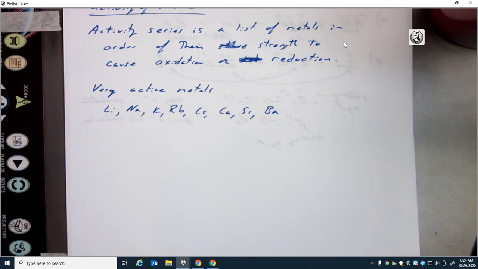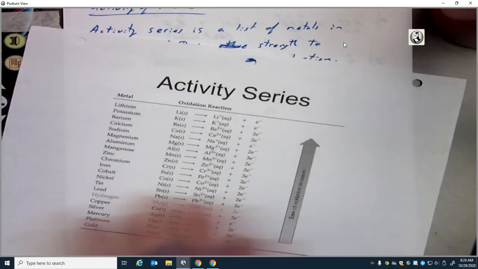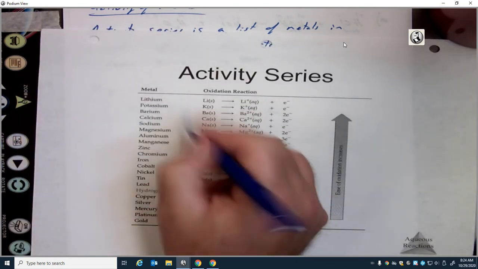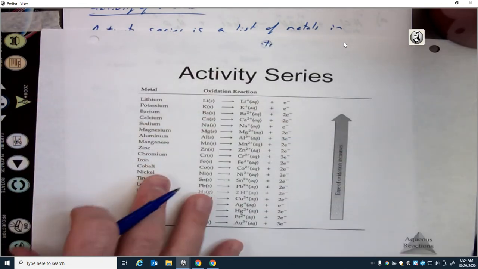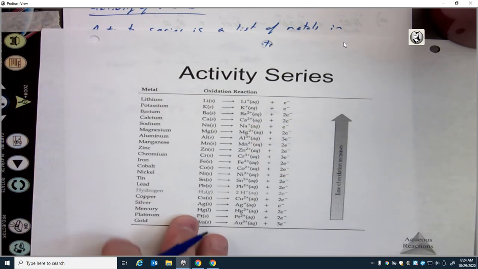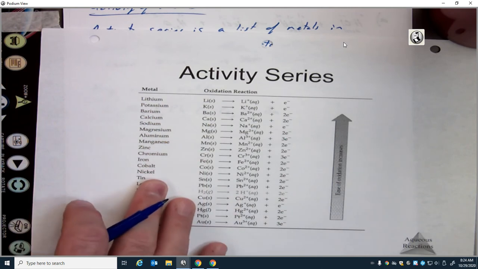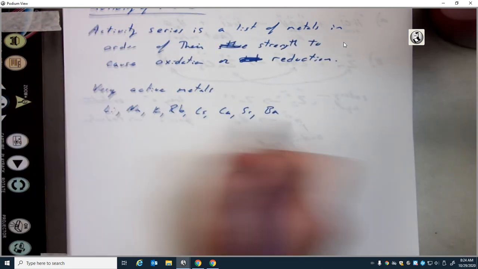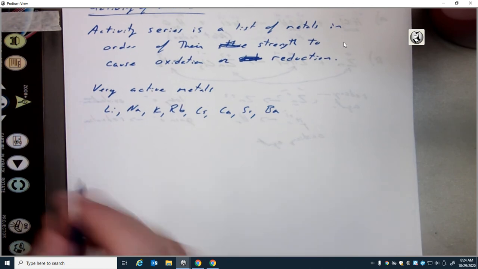These are our very active metals. Okay. And if you look right here, they're listed right up at the top. Okay, and they're not all on here, but this isn't a complete activity series. It's just one that I think is in the book. But these are our most active ones, or our very active ones.